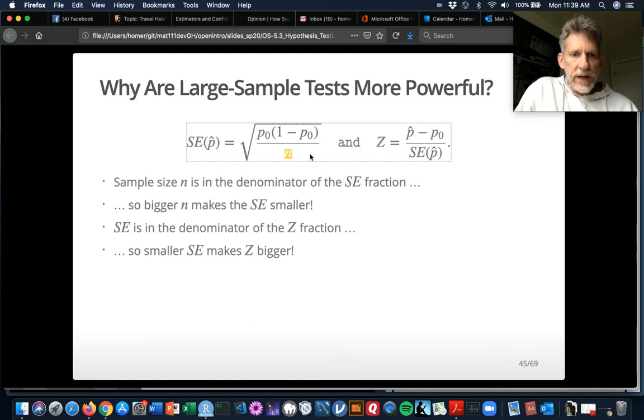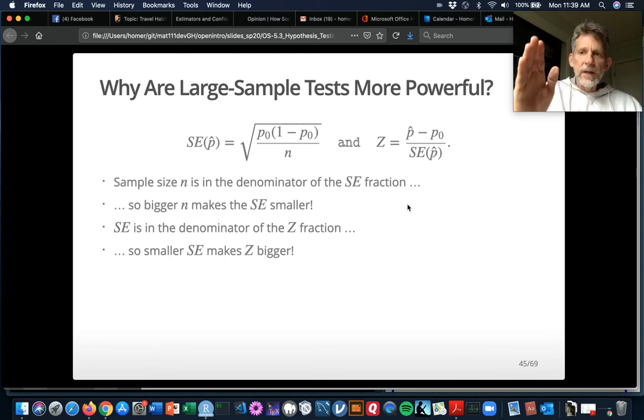When the sample size is big, that fraction inside the square root sign is going to be small. So the standard error is going to be small. And then when you go over to compute the test statistic, you're going to have a small number in the denominator of the test statistic. So that means the test statistic is going to be big.